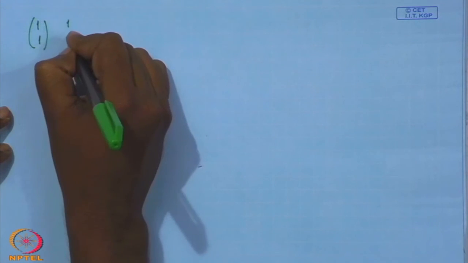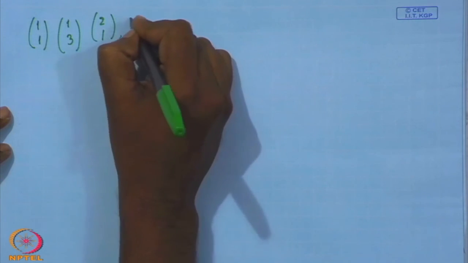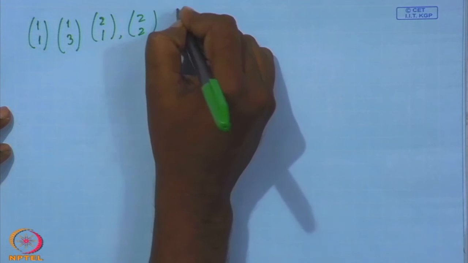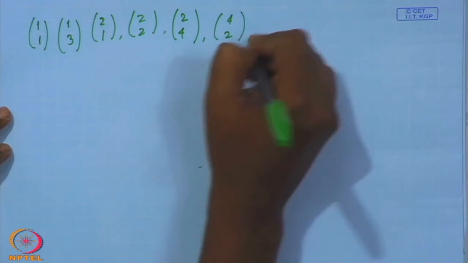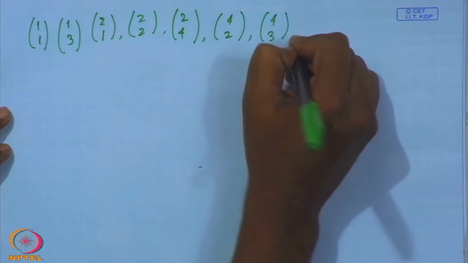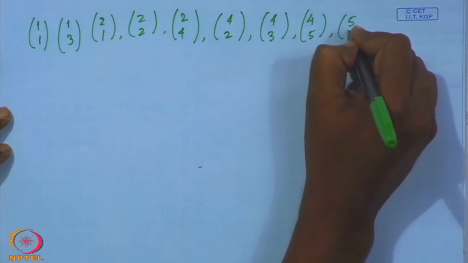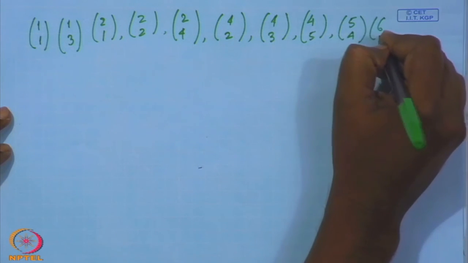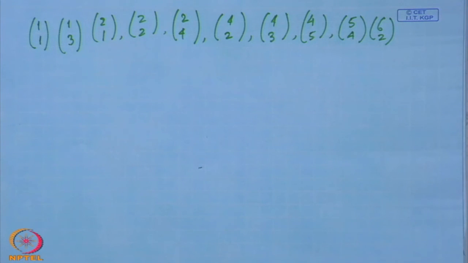Let us assume that we have a set of feature vectors, all in two dimensions: (1, 1), (1, 3), (2, 1), (2, 2), (2, 4), (4, 2), (4, 3), (4, 5), (5, 4), and (6, 2).